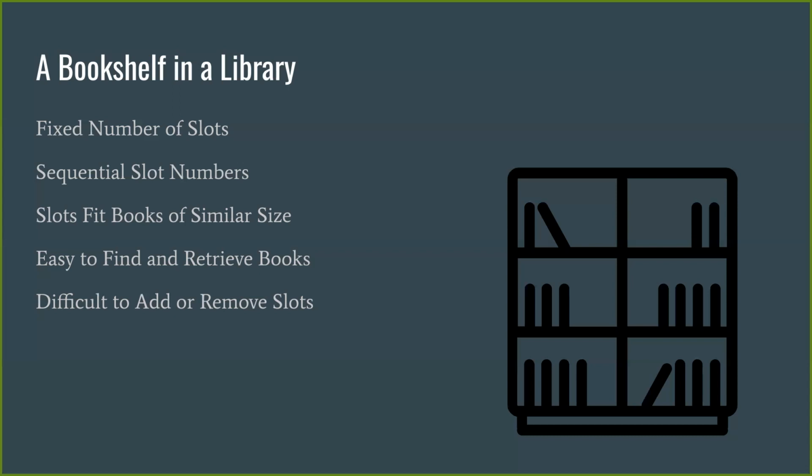And you can quickly access an element, which is a book, if you know its position, the slot number for this bookshelf example, and modifying the structure of the array, which for this example would be a bookshelf, like adding or removing elements, for this example slots and books, can be cumbersome and requires rearranging the existing structure.